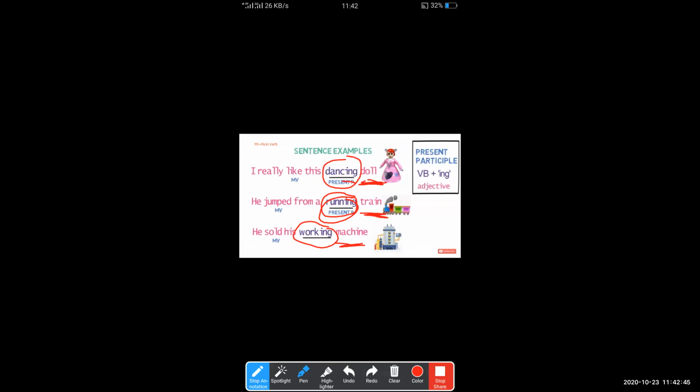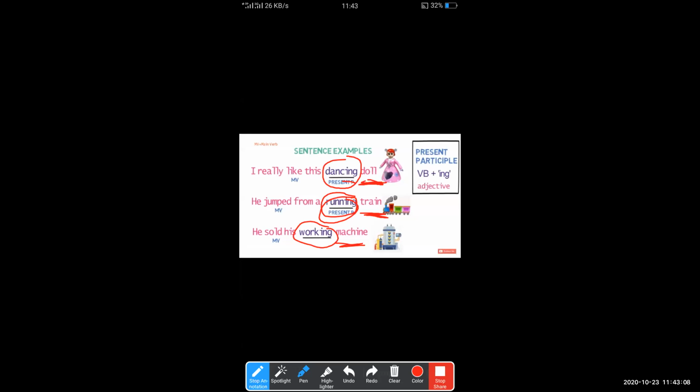Gerund and present participle: the first thing is the same, students. What you have to find out are those words which come under the verb -ing first form, but their act and behavior are different. In a gerund, the word behaves like a noun, and in a present participle, the word behaves like an adjective.